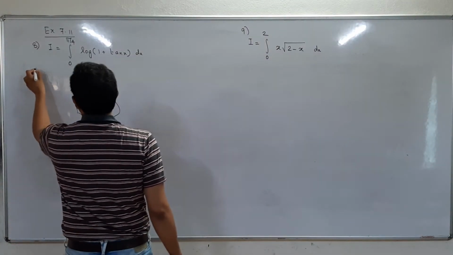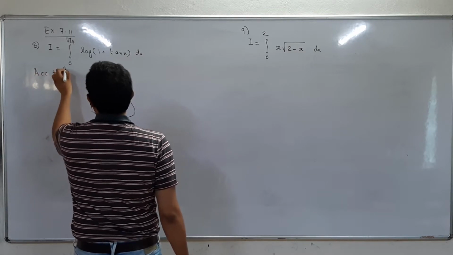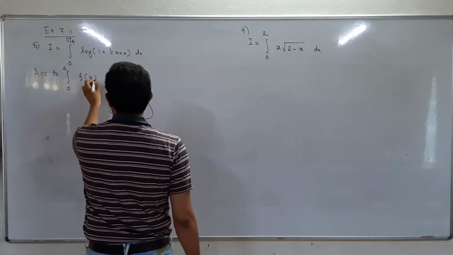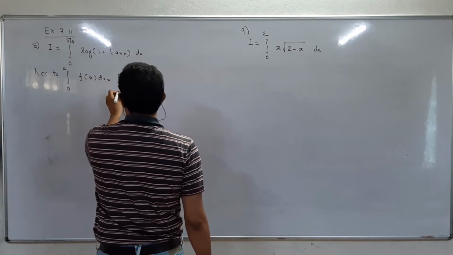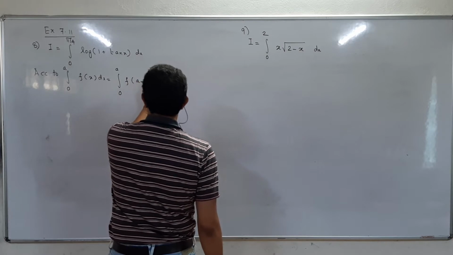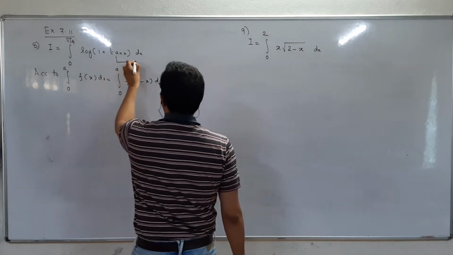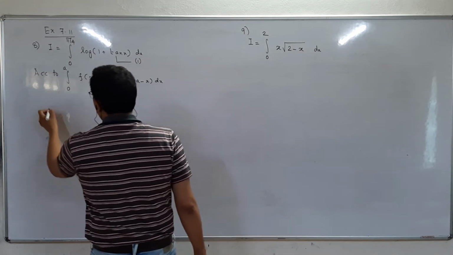According to the property, integral 0 to a f of x dx is equal to integral 0 to a f of a minus x dx. The given integral we always call as result 1.